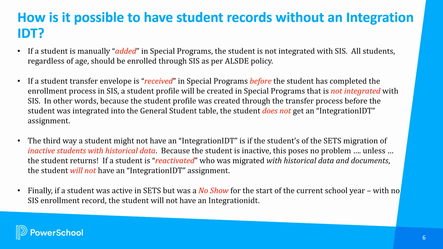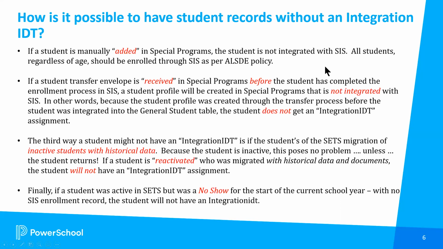We understand waiting for the state IDs. And in some cases, as you all went live and you knew that you had new little ones that you needed to start doing some referrals and some evaluations for, some of those were just manually added into special programs.